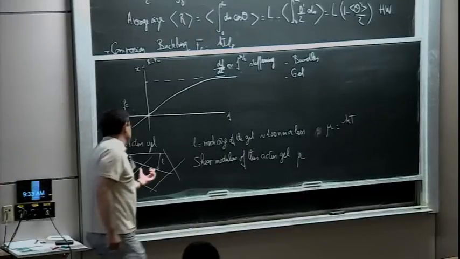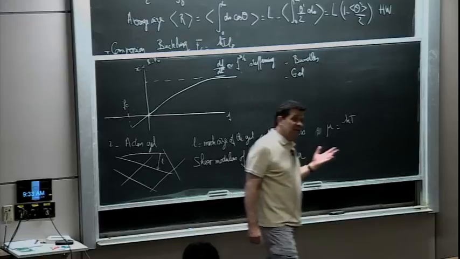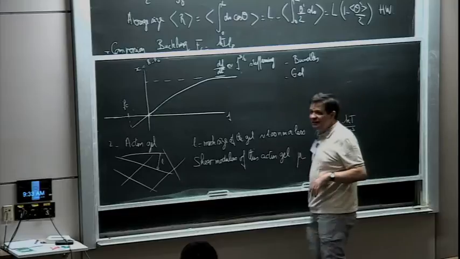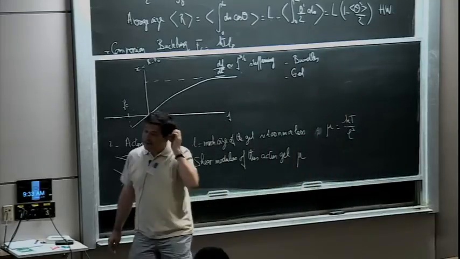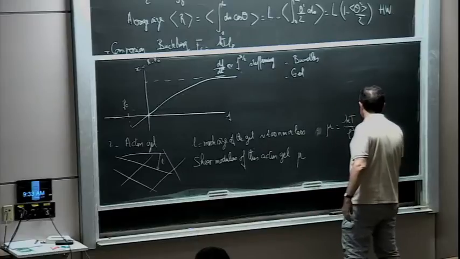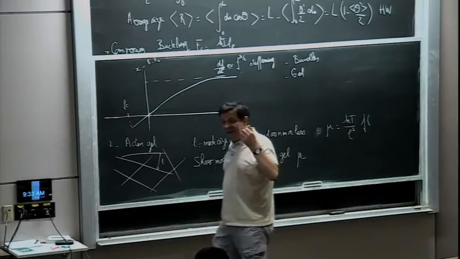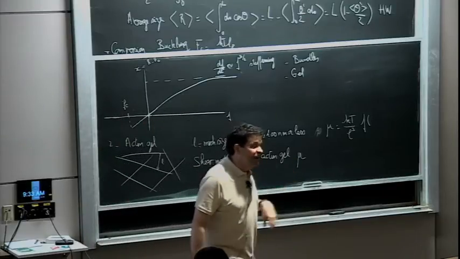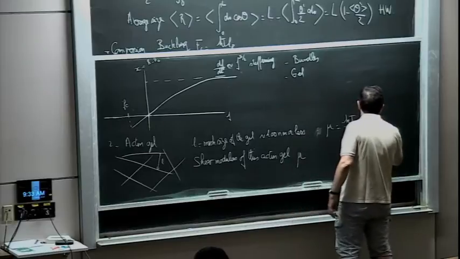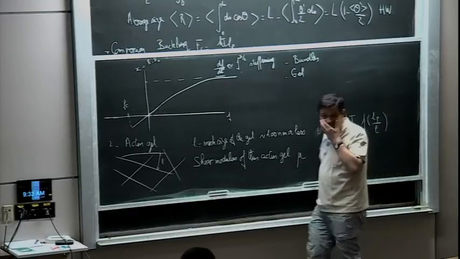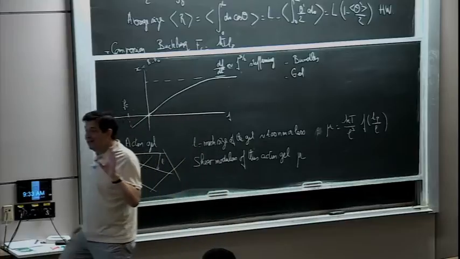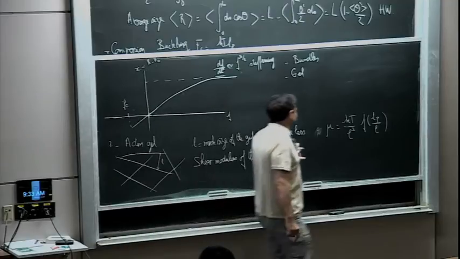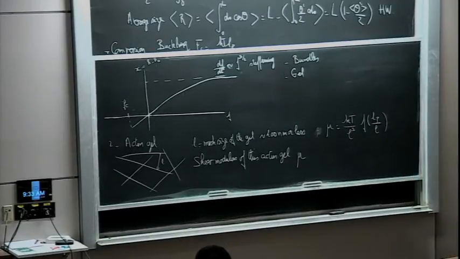Then the only length scale in the problem is small l, so I will write it as kT over l cubed. This has the dimension of a shear modulus. And then it has to be a function, at least of the bending modulus. If I want to write it in dimensionless form, I will write it as a function of Lp over l. If there is only one length scale in the problem, whatever my theory gives me, in the end I should find a law like this.